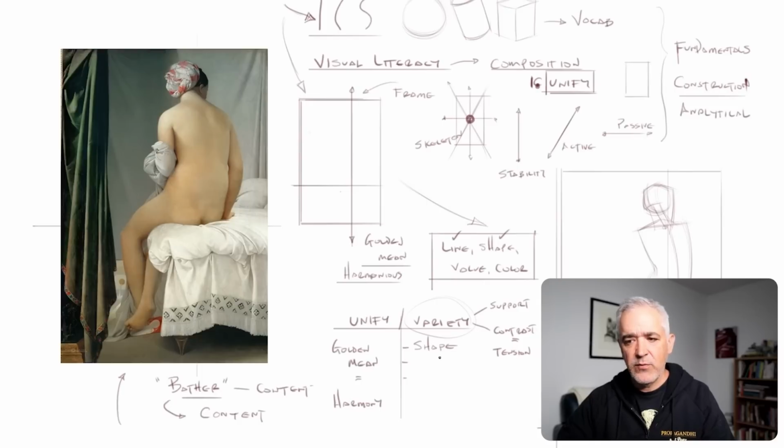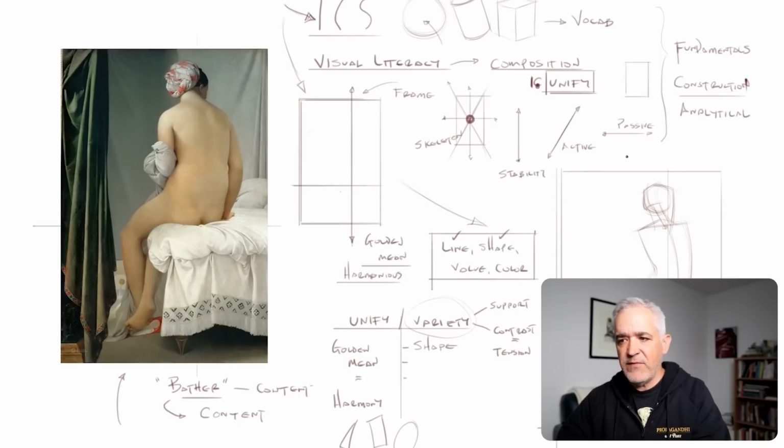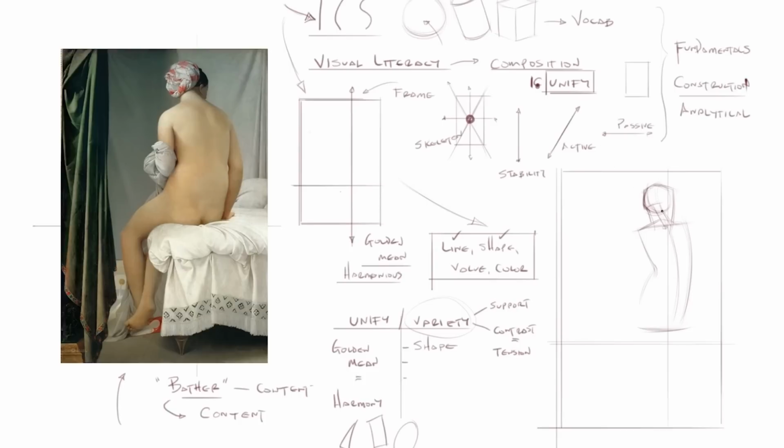So if I look at shapes, what are the shapes being used? Are there any sharps? Are there any boxes? What's the quality of the spheres? What decisions has this artist made and why? I'm saying this figure is mostly long, passive, rhythmic shapes.